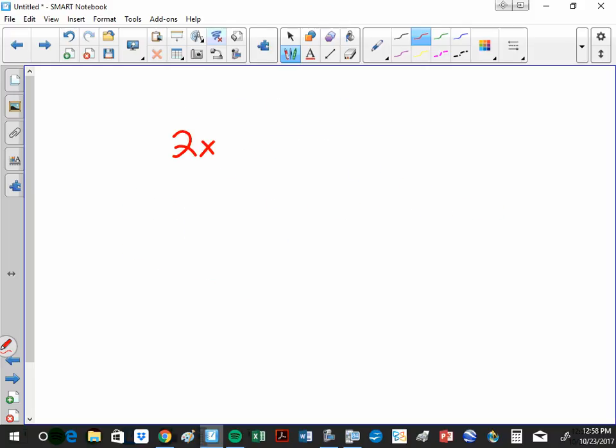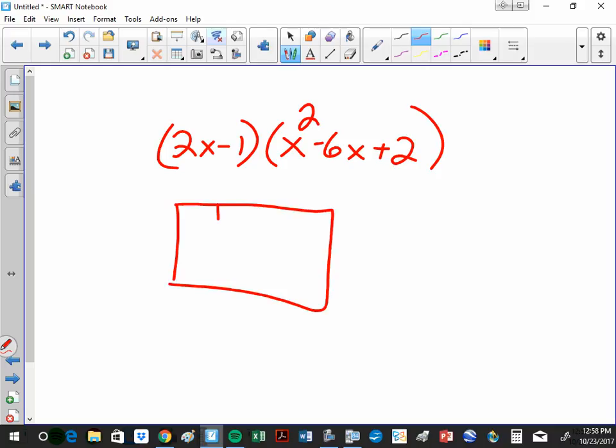What if I had 2x minus 1 times x squared minus 6x plus 2? Same idea, but now my box is a different shape. It has 3 on one side and 2 on the other. Does it matter if I do a 2 by 3 versus a 3 by 2?